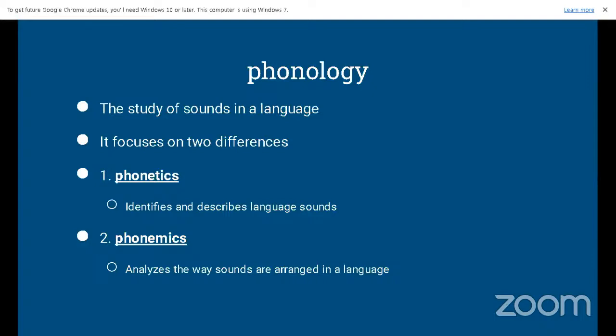Now, what is phonology? You remember in my previous class, somebody was asking the difference between phonology and phonetics. It is the study of sounds in a language, and it focuses on two differences: phonetics and phonemics. Phonetics identifies and describes language sounds, and phonemics analyzes the way sounds are arranged in a language.